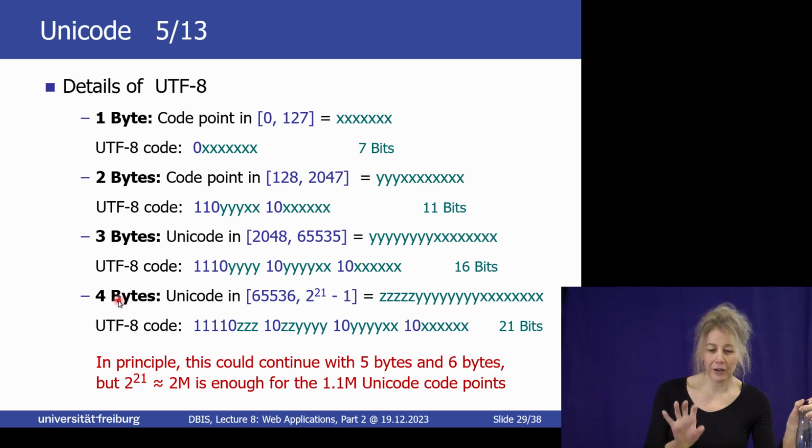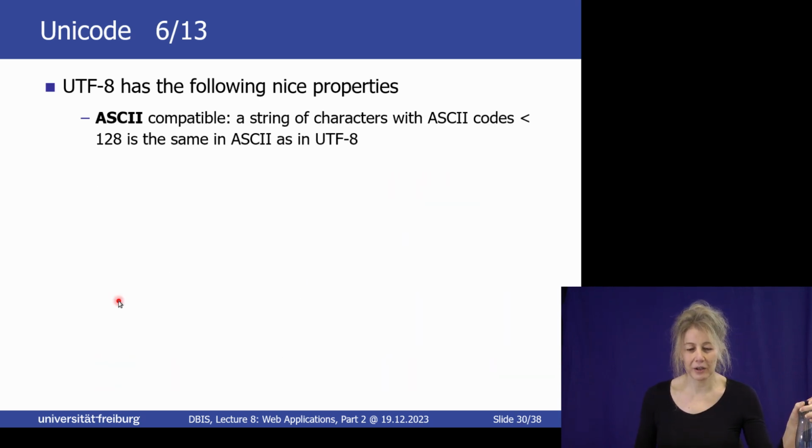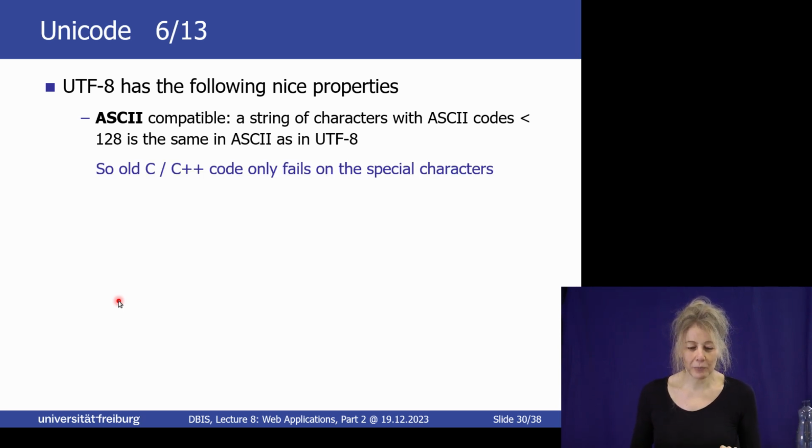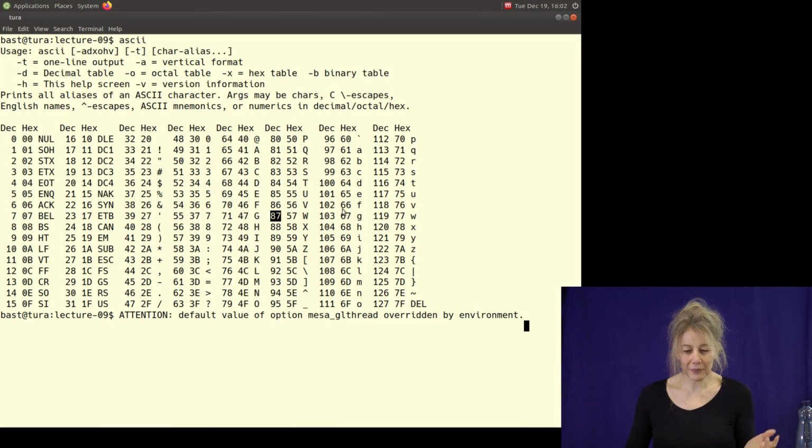So now let's look at some nice properties, and then we are done. Many of the slides are just for reference. It's a really nice standard, UTF-8. There are some standards where you wonder what have these people done, but this is a great standard. So for one, as you can see here, if you have a small number, it's just a normal ASCII code, right? By definition.